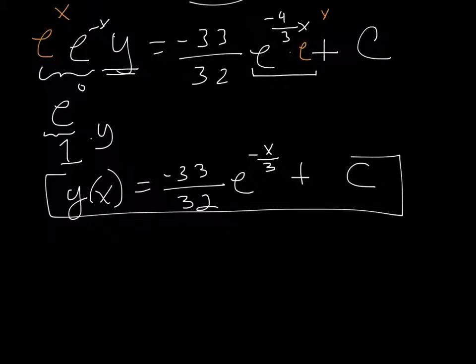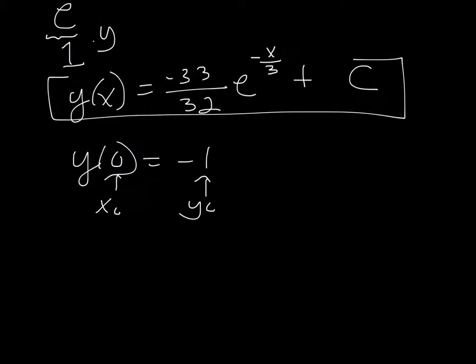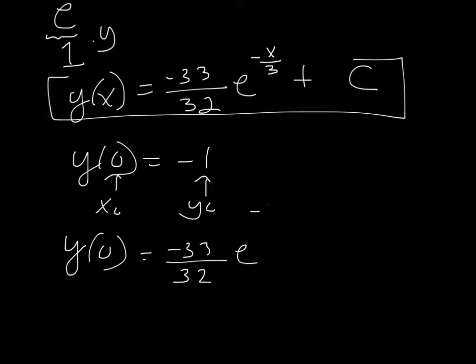So remember that our initial condition, y of 0, was negative 1. That's our x naught, and that's our y naught. So let's substitute these values so we can find the desired particular solution. So substitution: y of 0, and we like when x is 0. 0 over 3 plus c, that's negative 1.